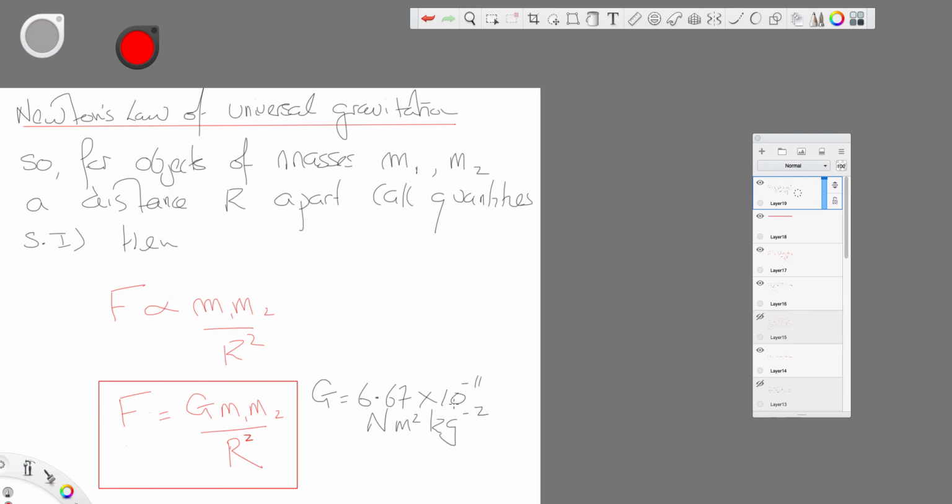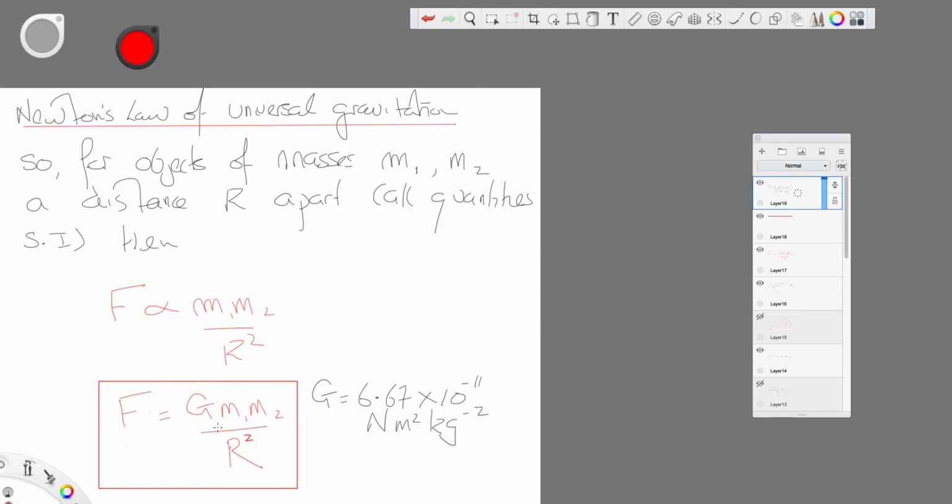The size of the force between unit charges and unit masses, the same distance apart, is very, very different. So this is a relationship that you need to be able to apply. You need to appreciate the significance of this value. You don't have to remember it, it's given to you on the data sheet, but you do need to understand the significance of it.